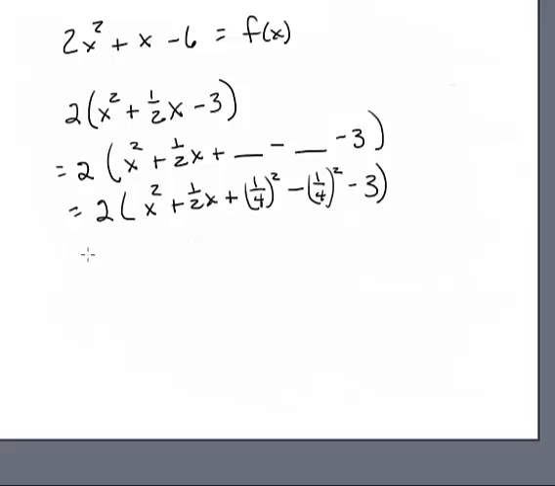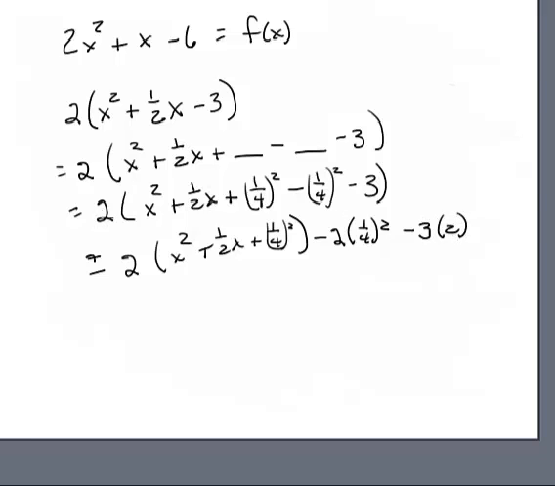Okay, so now I have the perfect square: 2 times (x squared plus 1/2 x plus 1/4 squared, which is 1/16). And now I'm going to move this minus 1/4 squared. Notice there is a 2 being multiplied by it. So I have really minus 2 times 1/4 squared and minus 3 times 2.